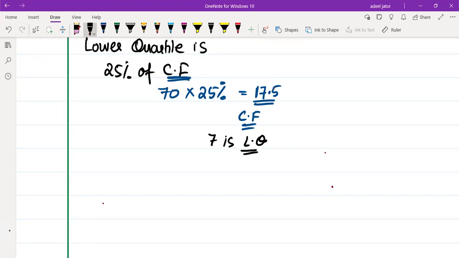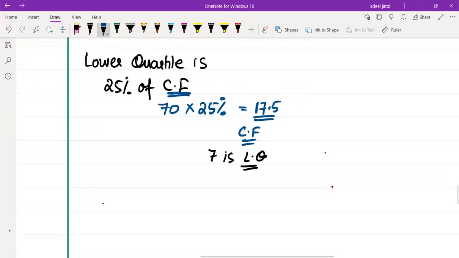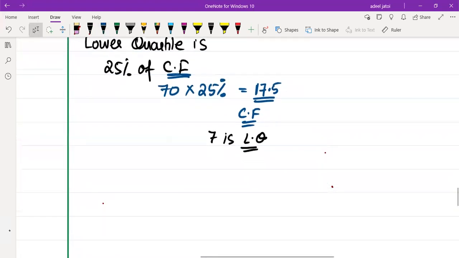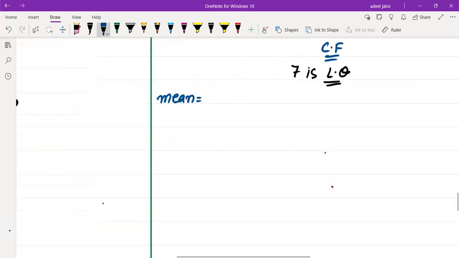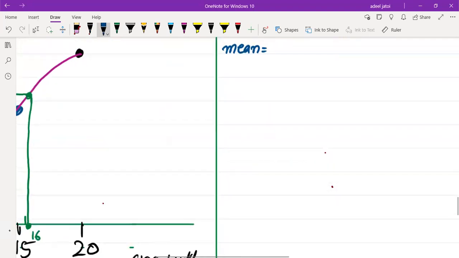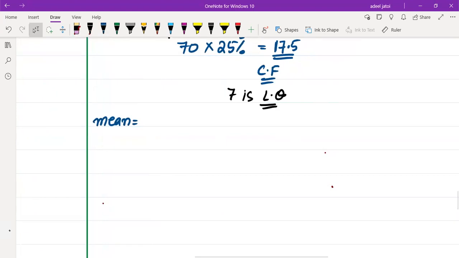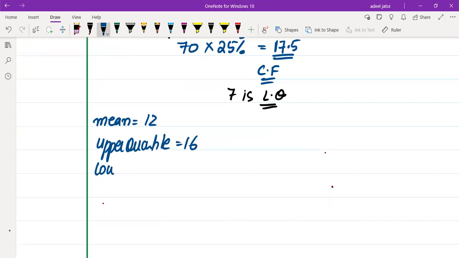Your mean answer was 12, right? Your upper quartile was 16. Your lower quartile is 7.